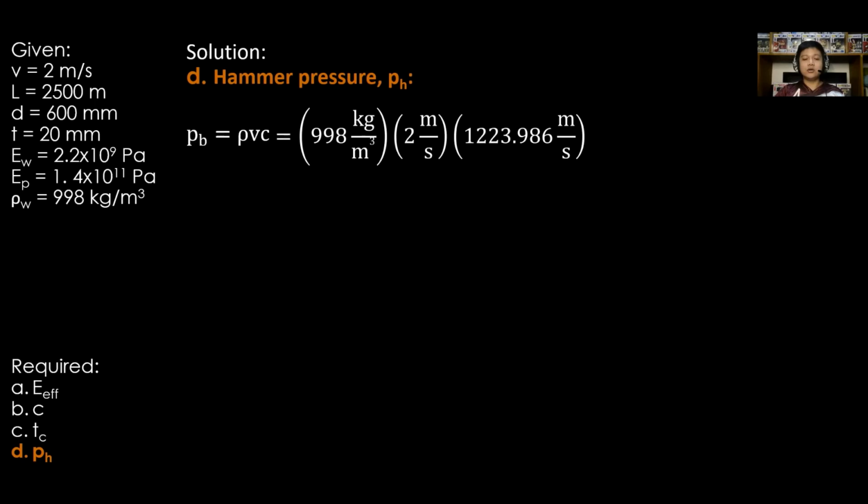Thus, we have Newton per square meter, or pascals. So P sub B is 2,443,076.208 pascals. Considering times 10 raised to 6, that is now 2.443, and replacing times 10 raised to 6 with mega, the answer is in megapascals. Or P sub B again is 2.443 megapascals.